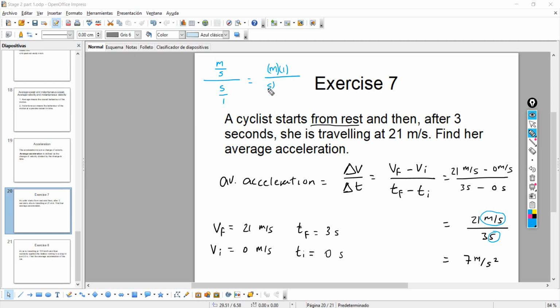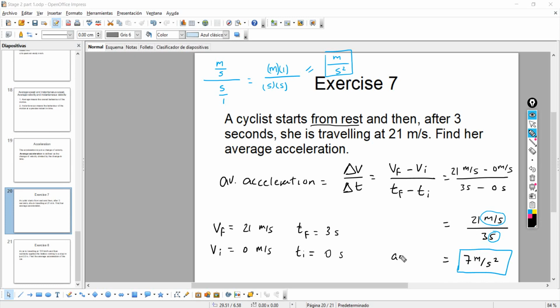So it's going to be seconds times seconds. And if you notice, I'm going to continue over here, equals meters times 1, that's going to be meters, and seconds times seconds, that's going to be seconds squared. And so as you can see, guys, the units for acceleration are meters per second squared. So this is the answer, guys.